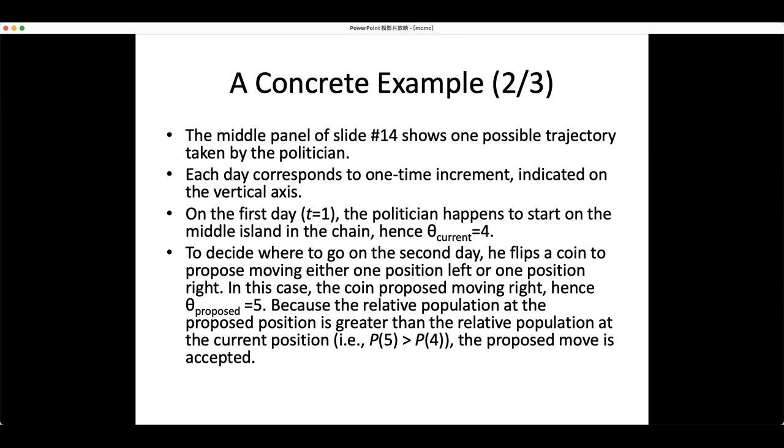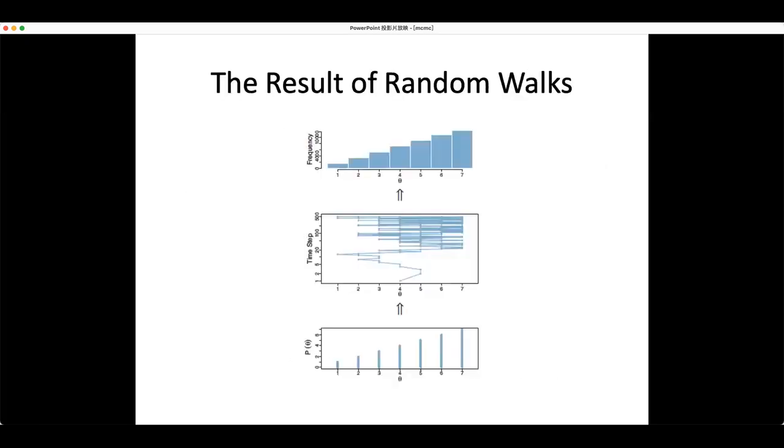So let's see this figure. The lowest figure represents the 7 islands and their relative population. The first island has a population of 1, the second island has a population of 2, the third island has a population of 3, and so on to the 7th island, which has a population of 7.